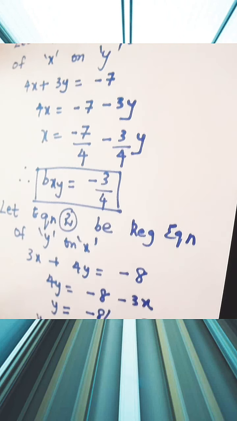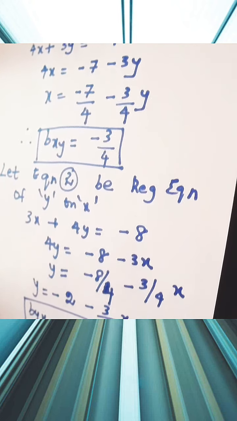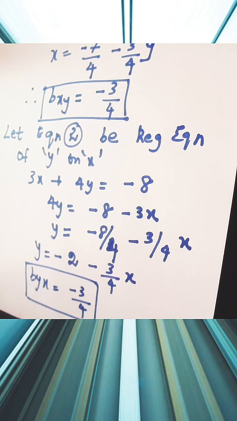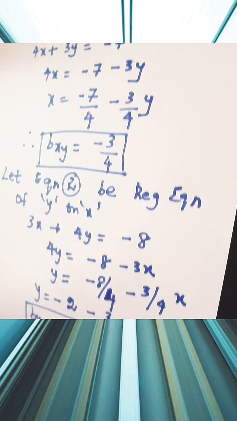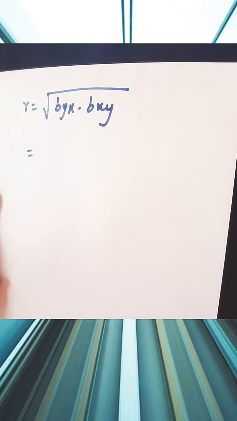You can have a look how we have done the second assumptions. Now we got bxy, we got byx. Now we will find the value of r, to see whether our assumptions are correct. How will we do it? We'll take r is equal to square root of byx into bxy. We have both negative values.